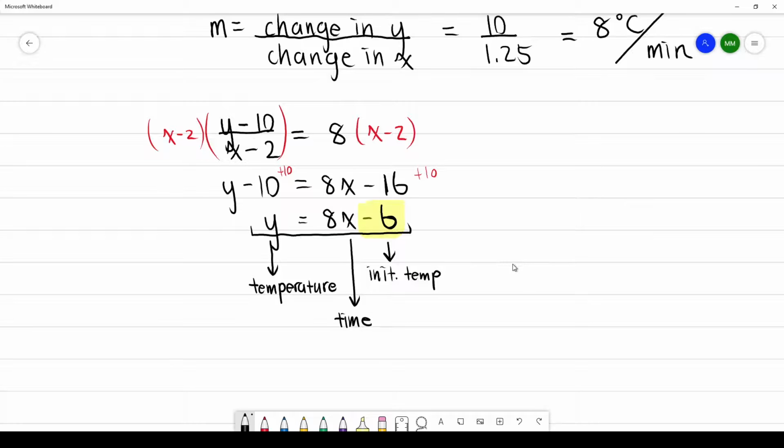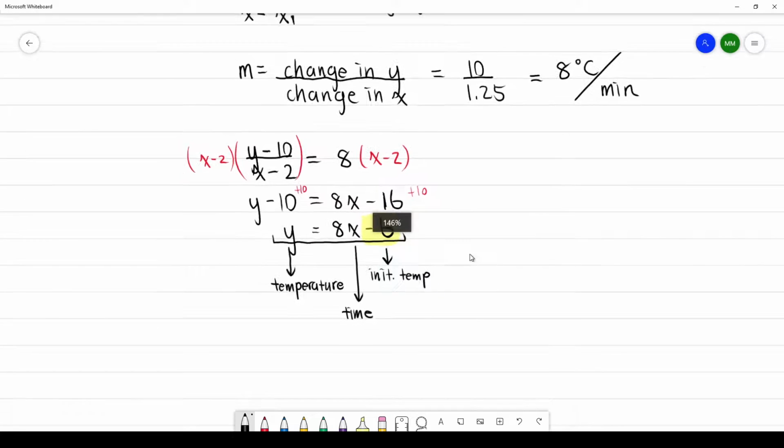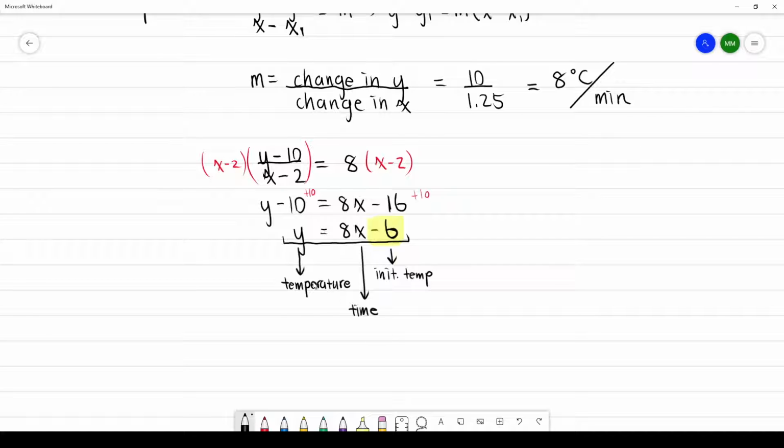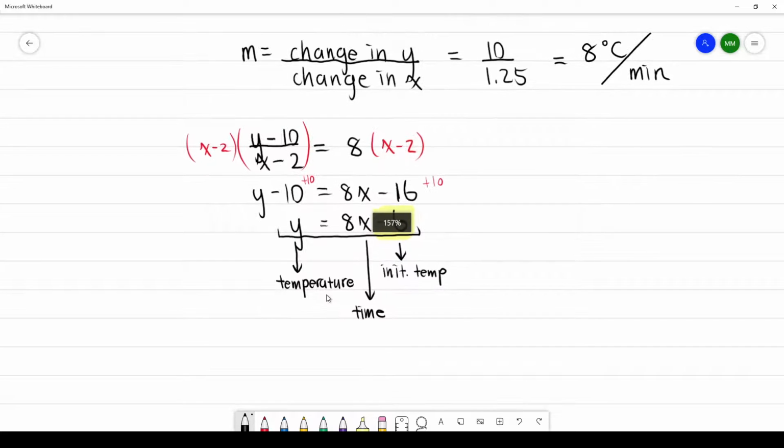So in the homework, if you got the time and temperature messed up, then you will get a completely different answer, which is wrong, which wouldn't make sense. So you got to make sure that you are aware of what the x value is and what the y value is, because after all, they're just variables, and variables represent something, and x represents time, y represents temperature.